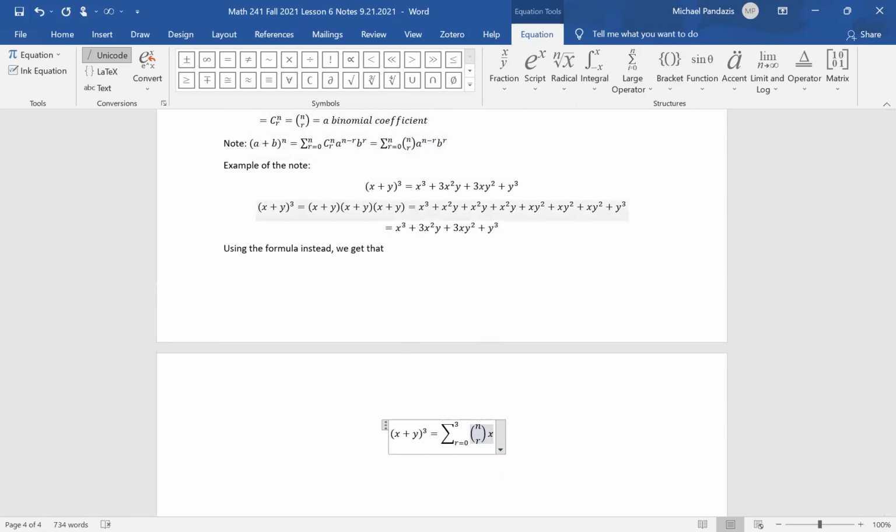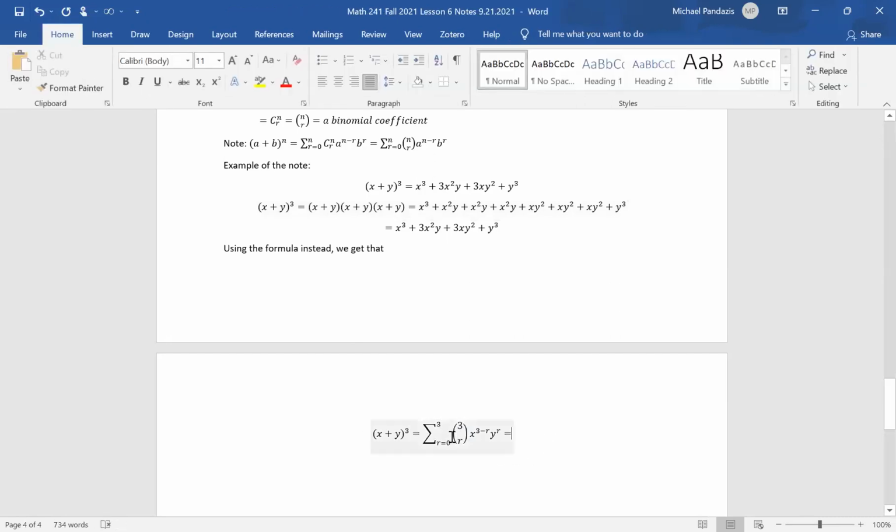So this is x to the n, well, that's 3 minus r, times y to the r power. And the nCr is 3Cr, because the exponent is 3.